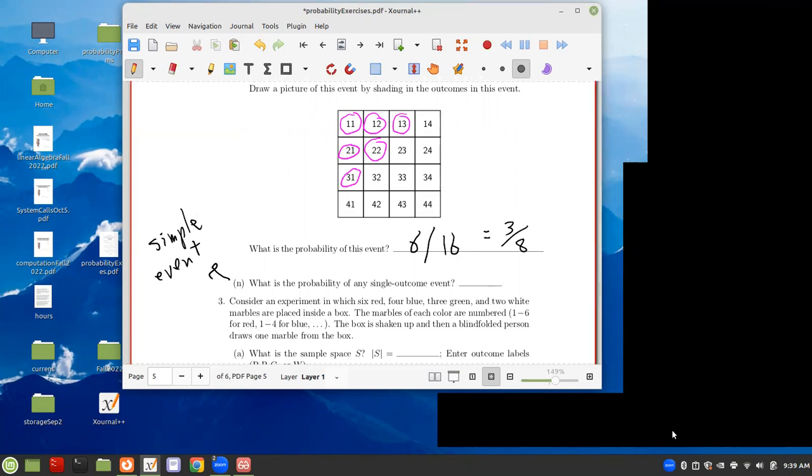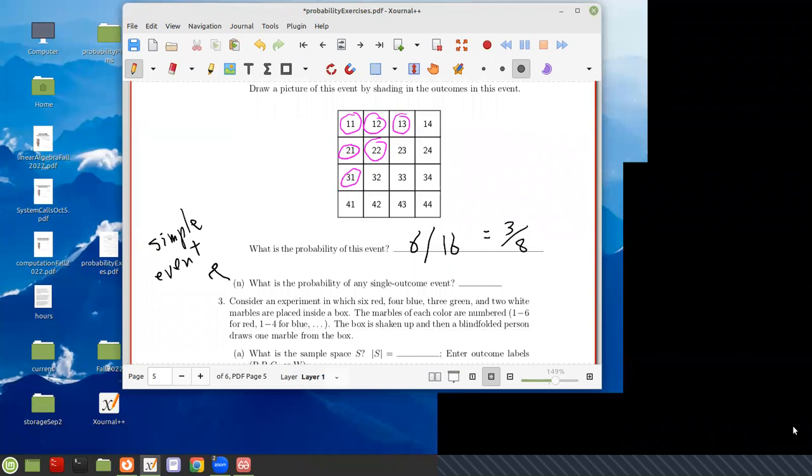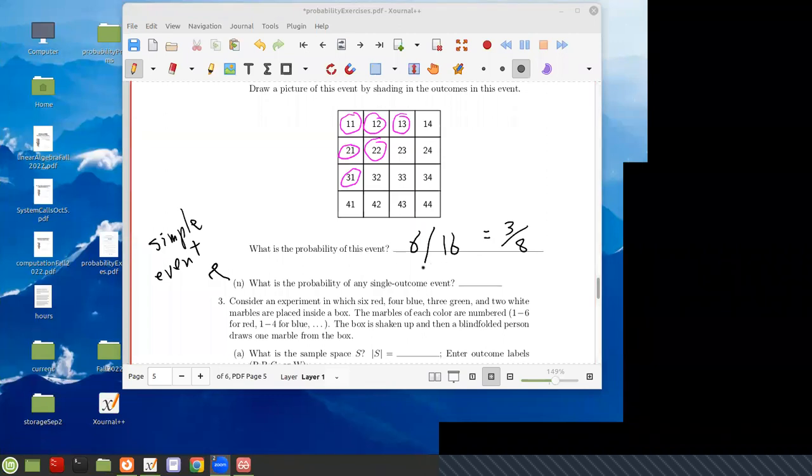We're going back to looking at the probability of any single outcome event. Well, an event that has one outcome is just going to be 1/16th. So if the event is just one particular outcome, then it's going to be 1/16th.